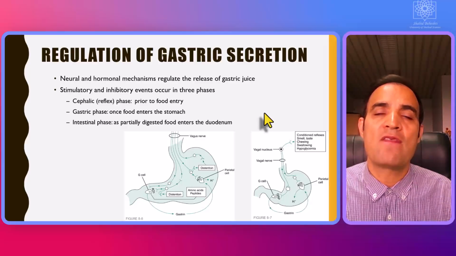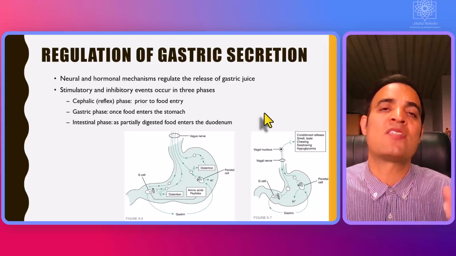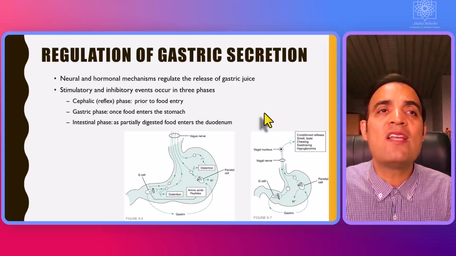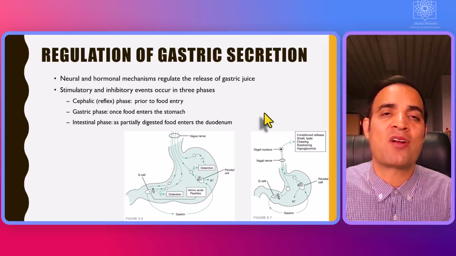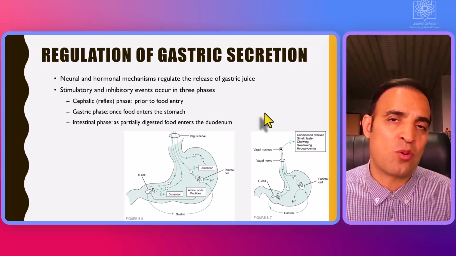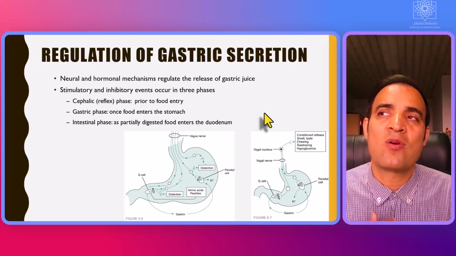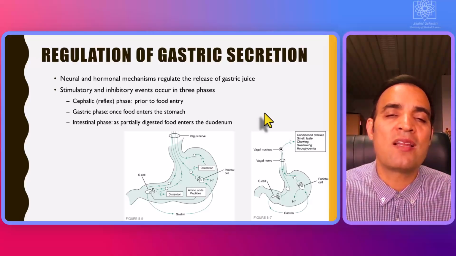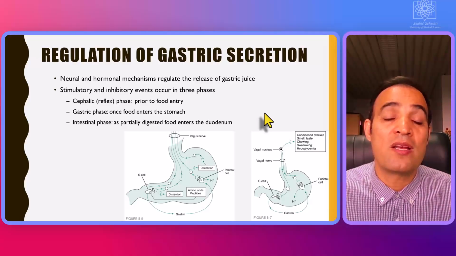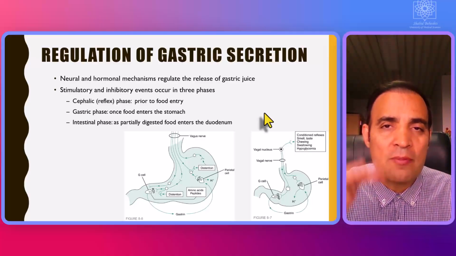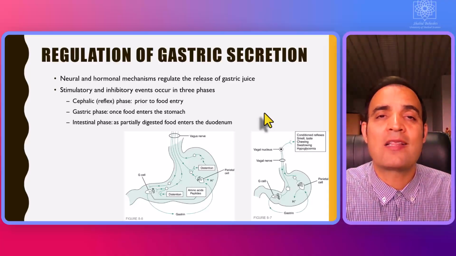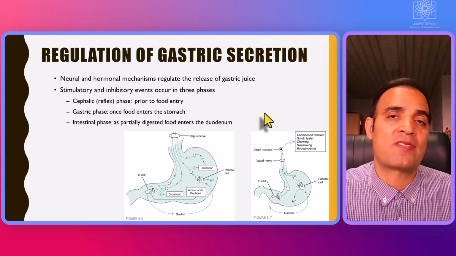For example, when the acid content of the duodenum is increased and pH is decreased, the duodenum will inhibit acid secretion from the stomach. In fact, the duodenum will tell the stomach that acid is more than enough. Please come down. Please release less acid. And this is the intestinal phase.